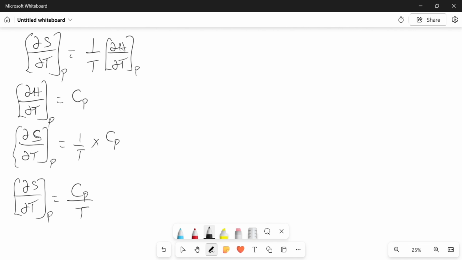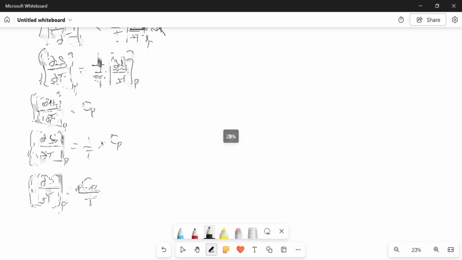If you have more than 1 mole, it will be equal to nCp over T. Are we good? So we can conclude that del S over del T at constant pressure is equal to nCp over T. We have gotten that equation.